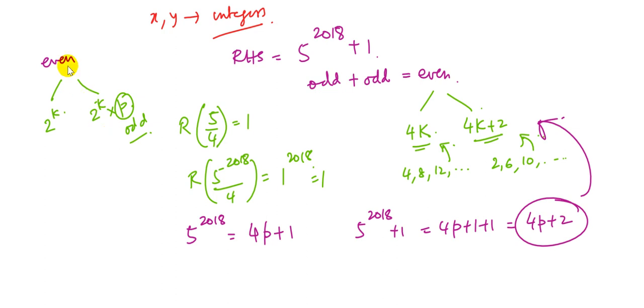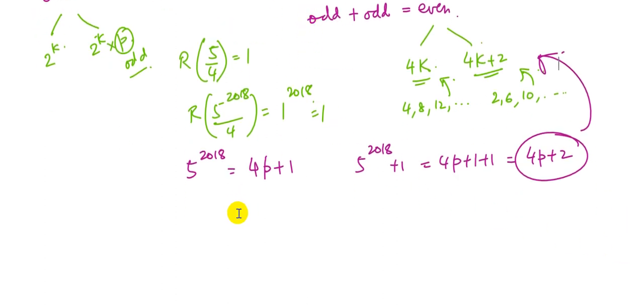Okay. Now I go to my left hand side. Now my left hand side is xy into x plus y plus 1. Now obviously this has to be of this form because my right hand side is of this form.